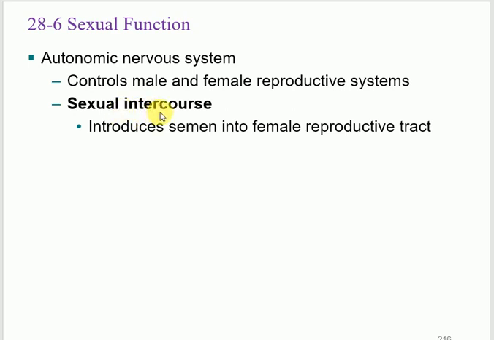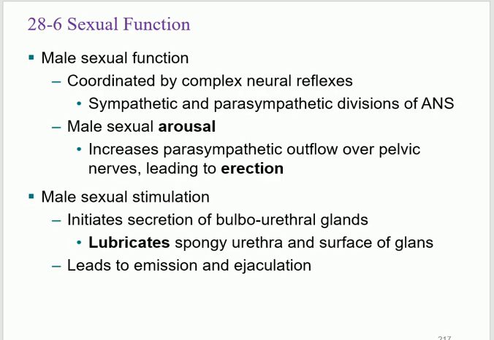Of course, there is first sexual stimulation in the beginning, which is parasympathetic taking the upper hand, and then it will be followed by the sexual intercourse itself, which is introduction of the penis inside the vagina, so that the semen is introduced into the vagina, and then it will move through her reproductive system. I talked about that before, but the control of this process is coming from both sympathetic and parasympathetic.